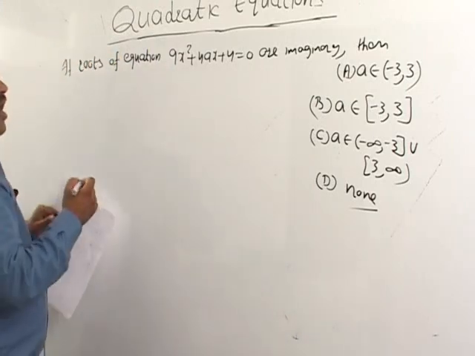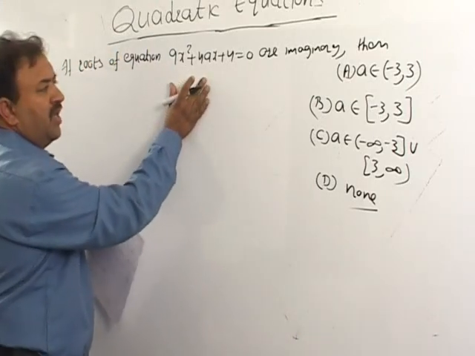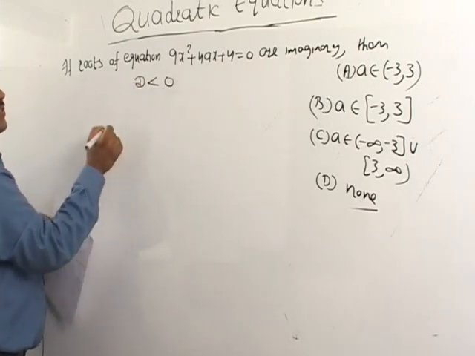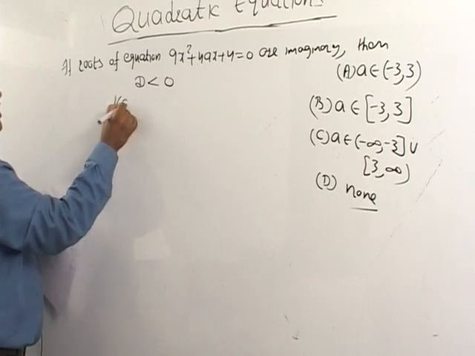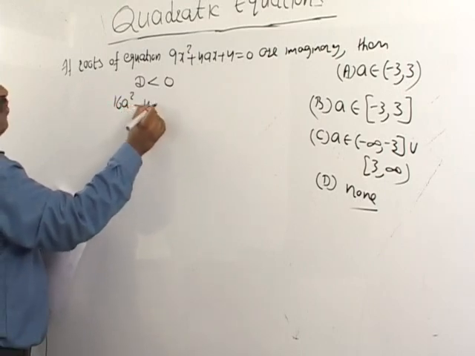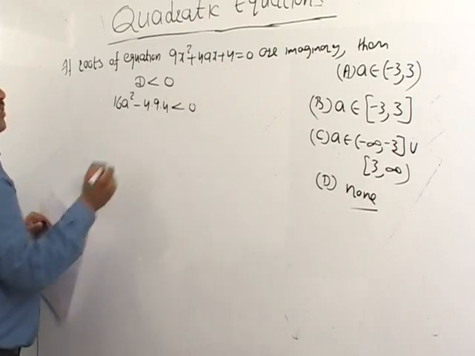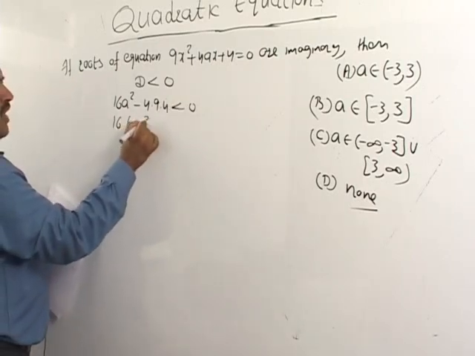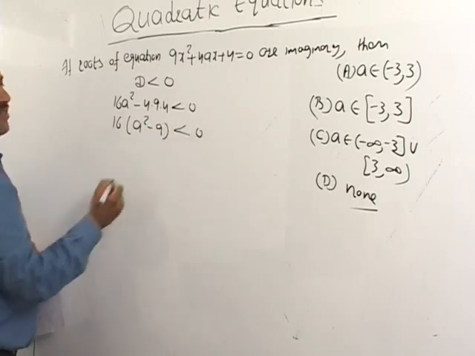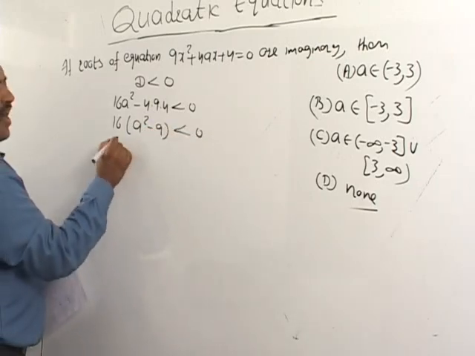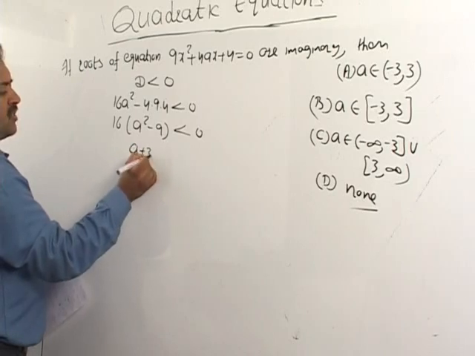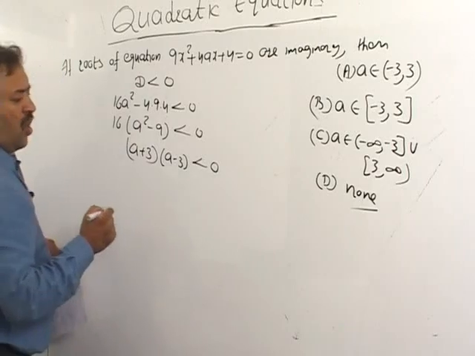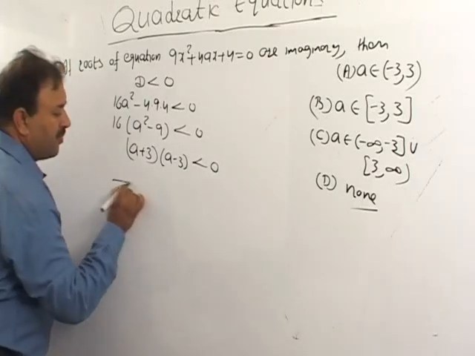So if the roots are imaginary, we know that the discriminant will be less than 0. That means 16a square minus 4 into 9 into 4 less than 0. We take 16 common and we get a square minus 9 less than 0. Dividing by 16, we get (a plus 3)(a minus 3) less than 0. Now again we draw a number line.